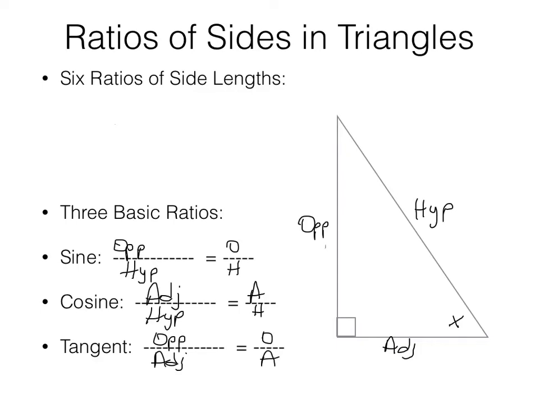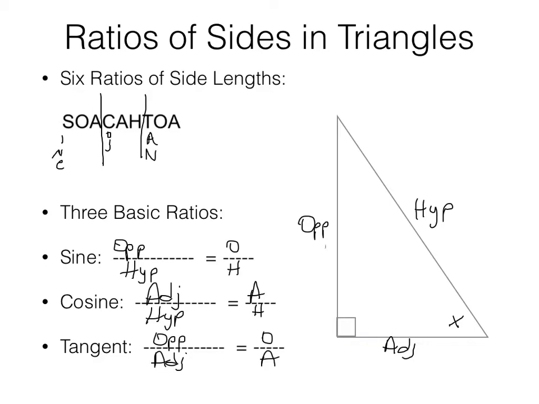Now, a nifty way to remember this is the acronym SOHCAHTOA. Okay? Sine is opposite over hypotenuse. Cosine is adjacent over hypotenuse, and tangent is opposite over adjacent.